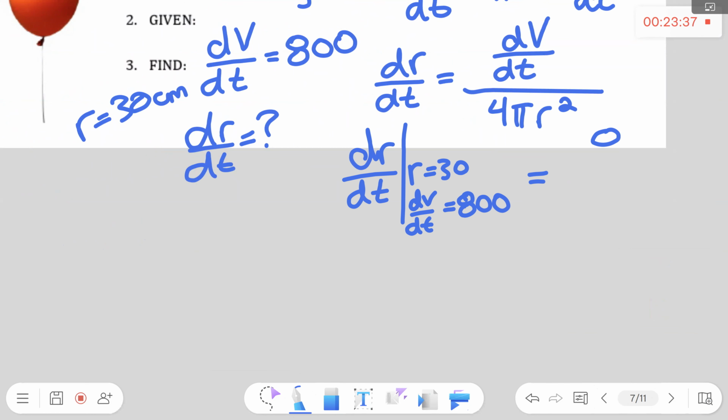What's the context of this question asking? How big is the balloon getting at a certain rate of how much I'm pumping air in? So that's 4 pi 30 squared.